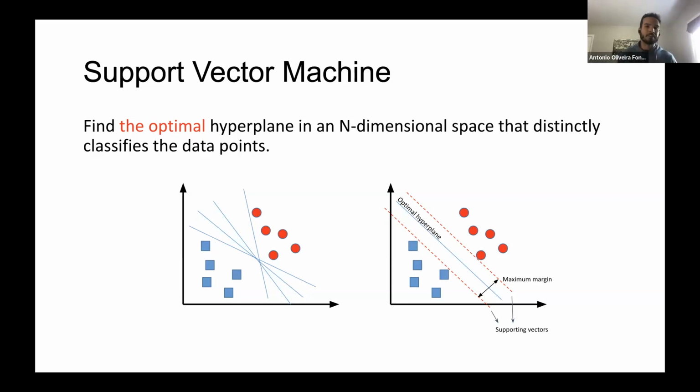The idea of the hyperplane is that this is a decision boundary that can exist in a multidimensional space, and that's why I say it's an n-dimensional space, which is conditioned by the dimensionality of the data that we're working with.